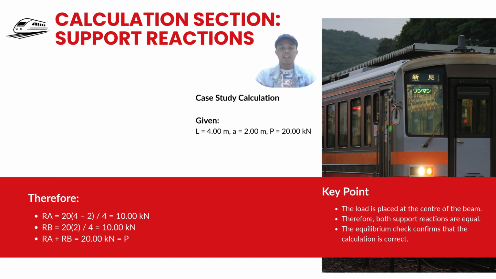Therefore, reaction at A is 10 kilonewton and reaction at B is also 10 kilonewton. The equilibrium check shows that RA plus RB equals 20 kilonewton, which is the same as the applied point load. This confirms that the calculation is correct.